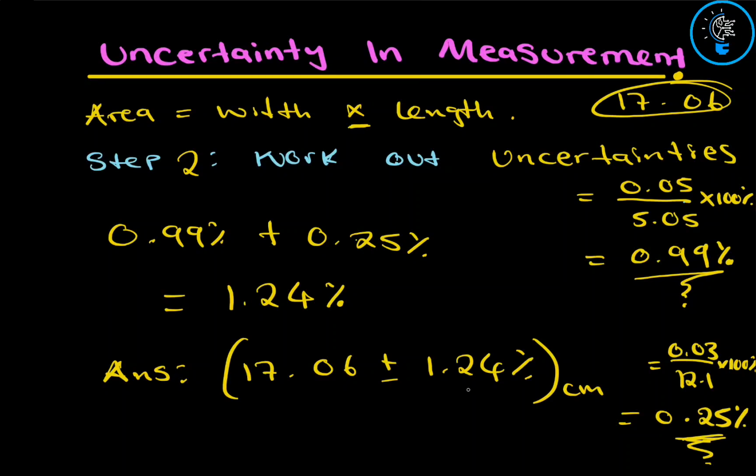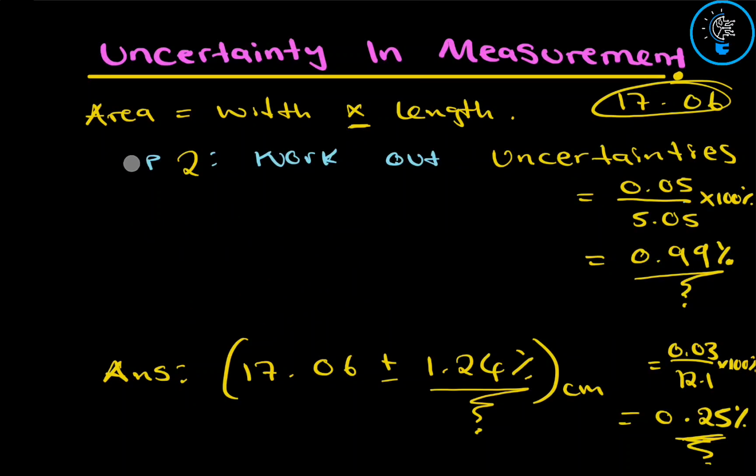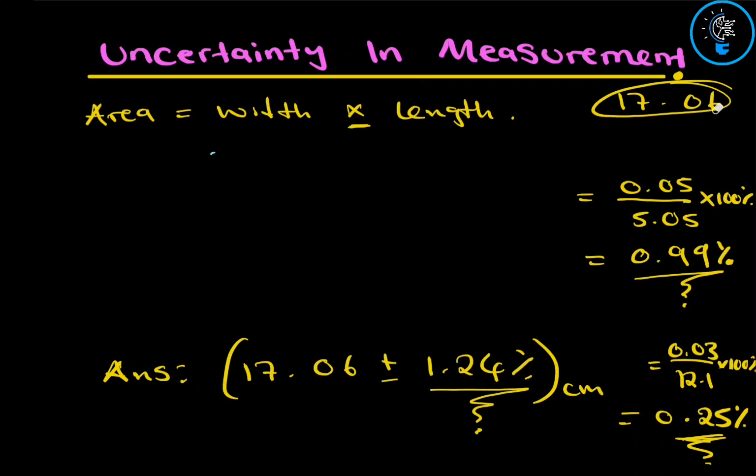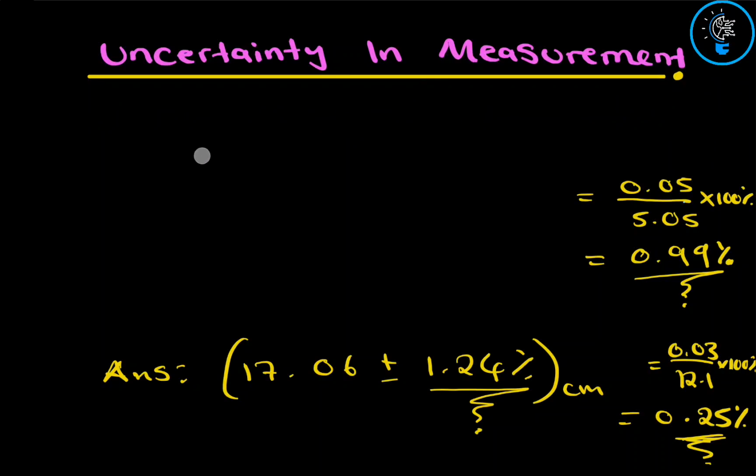Suppose that you want to write your answer with a decimal number this side. How do you do it? Let me show you. Let's get rid of everything this side, including these things. So if you want to write this as absolute uncertainty, the formula for percentage uncertainty looks this way.